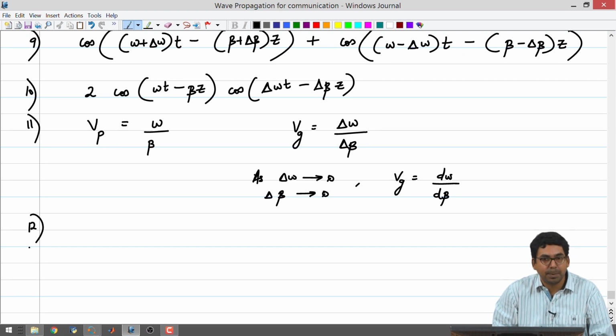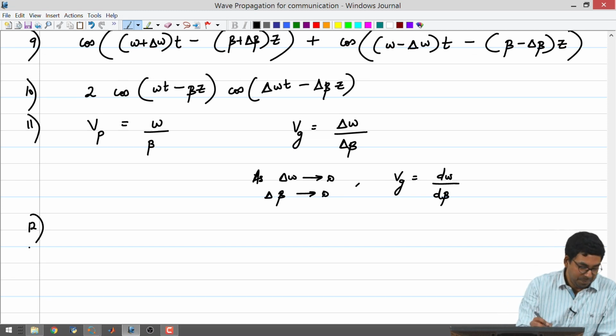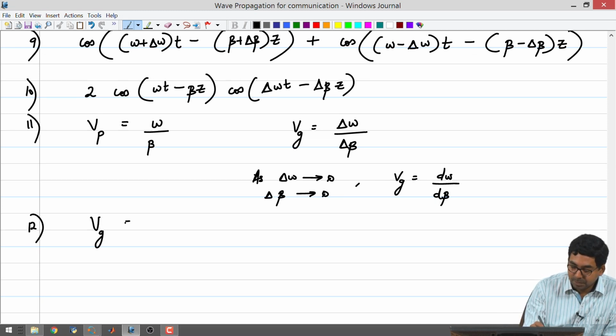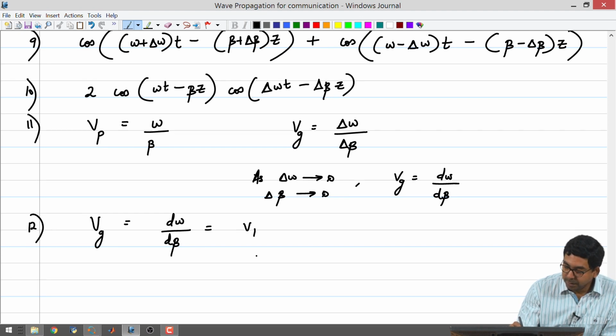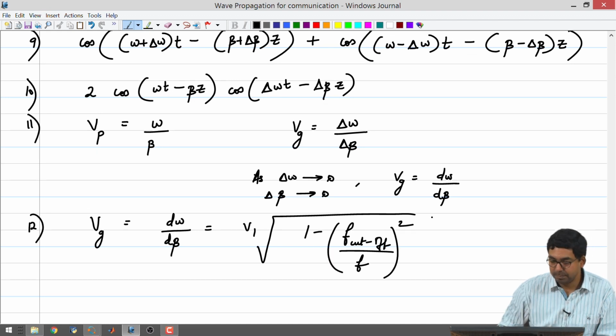You could always take the expression that we have written for beta for the waveguide and do a d omega by d beta, all right, or you could do 1 by d beta by d omega, it is up to you, all right. So, we have the expression for beta in terms of omega, you can differentiate the two sides and you will notice that Vg for the waveguide will look like V1 square root 1 minus f cutoff by f squared.